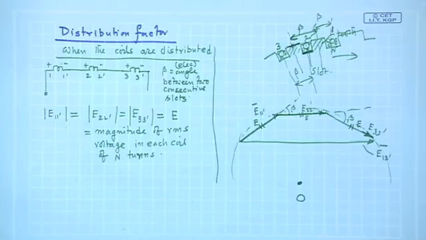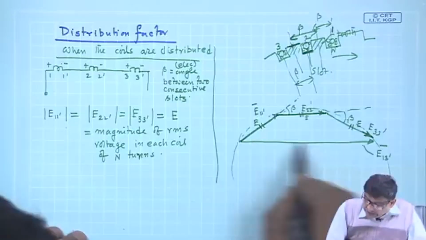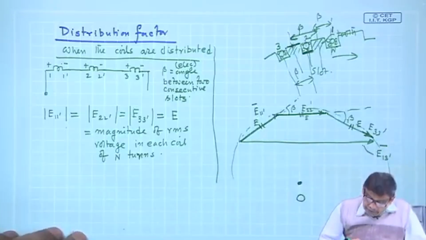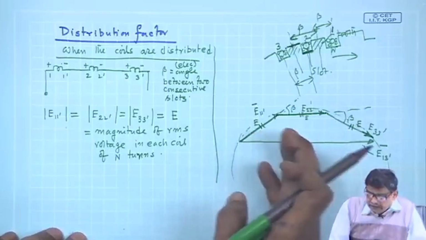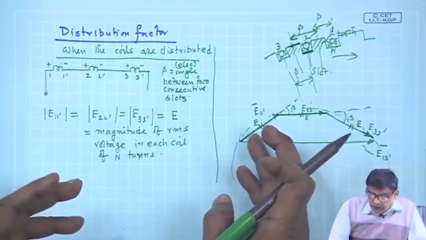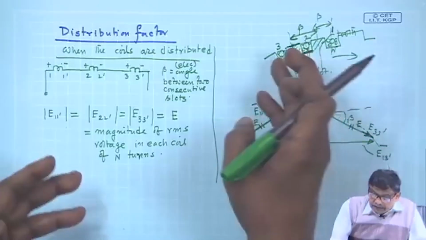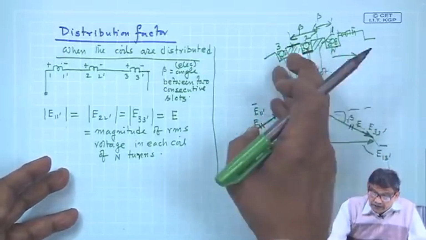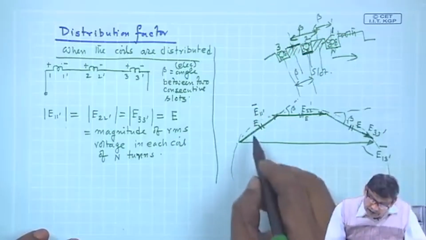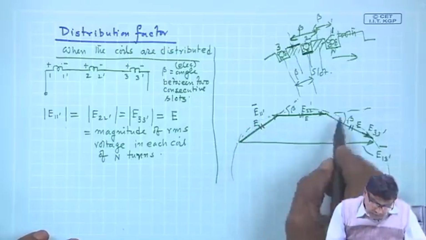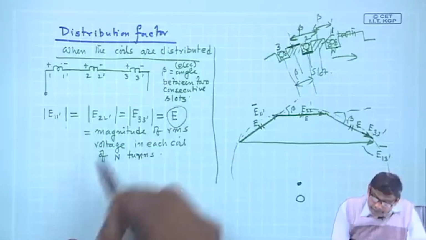That ratio I want to find out. So, first I have to calculate this E 1 dashed resultant. To do this, assume the coils are distributed in 3 consecutive slots, like starting of those are like this, lengths are equal, and I know each one of them is of magnitude E.